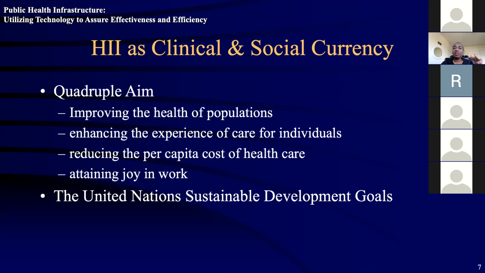Reducing costs. Healthcare right now is really expensive, as you know, okay? What we do and how we do it and how we leverage technology needs to be able to reduce the healthcare costs.